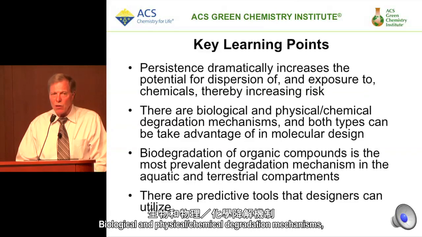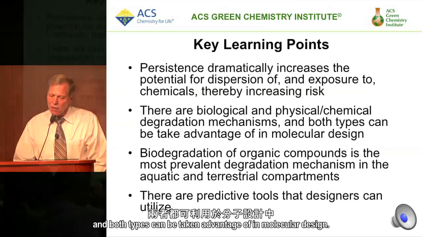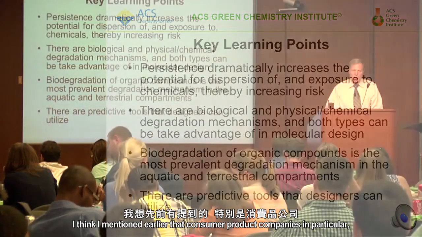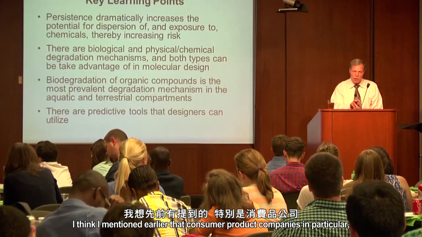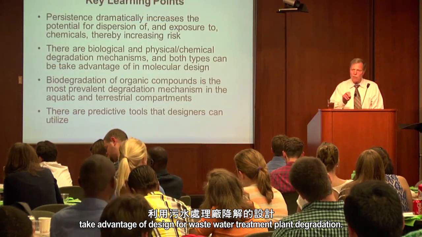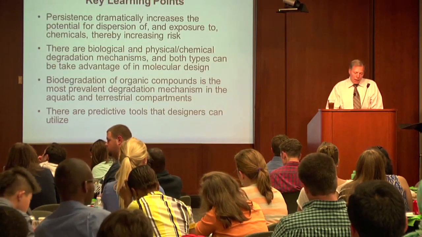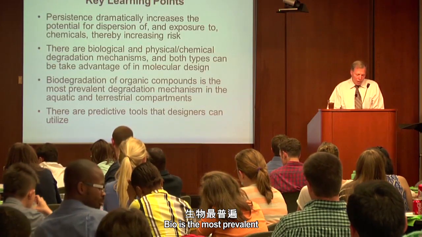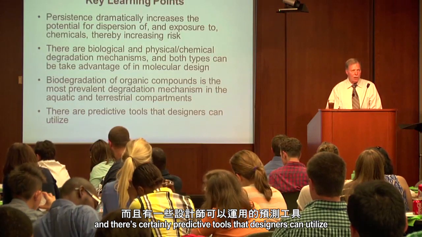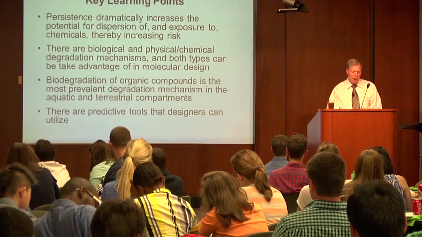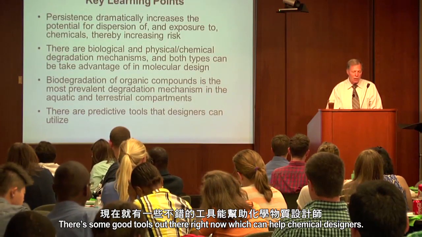Biological, physical, and chemical degradation mechanisms in both types can be taken advantage of in molecular design. And I think I mentioned earlier that consumer product companies in particular take advantage of design for wastewater treatment plant degradation. Bio is the most prevalent, and there are certainly predictive tools that designers can utilize, and we can certainly do better. But you know, there are some good tools out there right now that can help chemical designers.